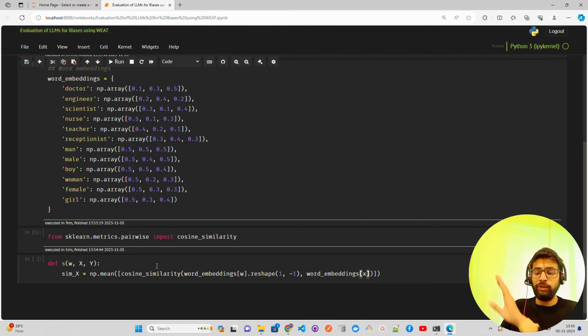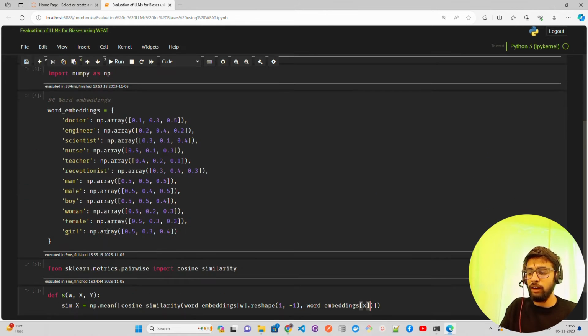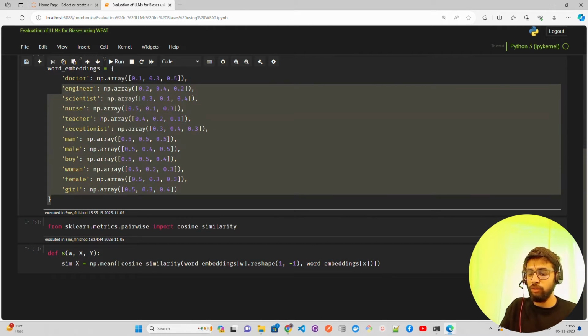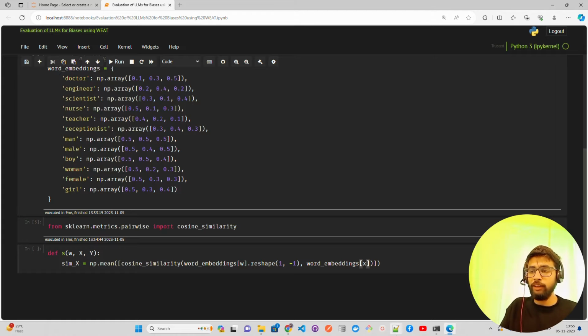Now, with the words in A and B that we have defined, there are 12 words over here. You can find them over here, right? Now let's first look at X, the association with X. So reshape again 1 comma minus 1, and then for x in X. Now this is my sim_x.